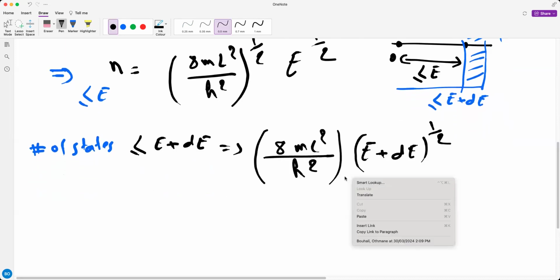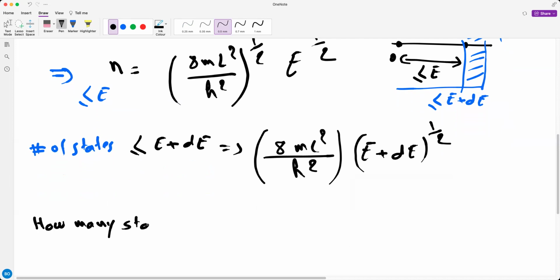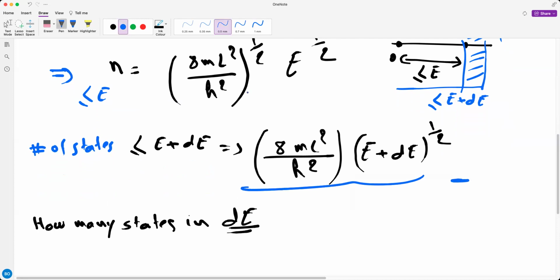Okay. So I am interested in how many states are in the band, in the small band dE. So this means that I have to do this minus this.